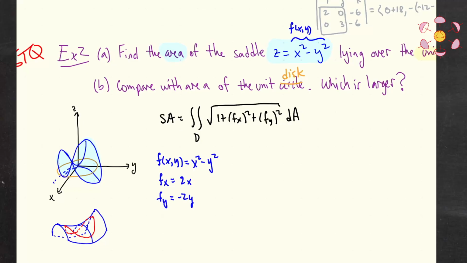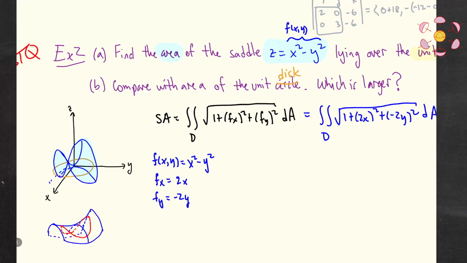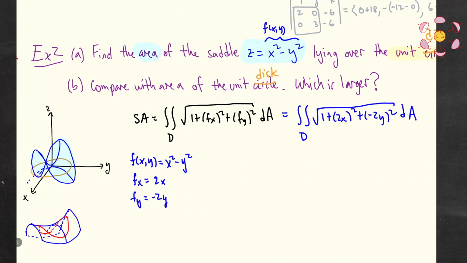Okay, we feed these into our formula. So the square root of 1 plus (2x) squared plus (negative 2y) squared, dA.